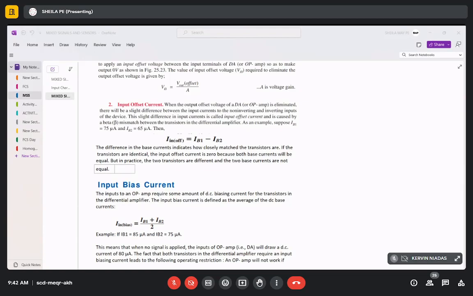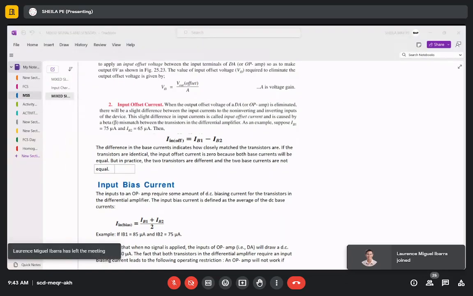If there is no signal here, the circuit will draw a current of 80 microamperes from a DC source, like our VCC, VEE, right? It takes 80 microamperes from there.